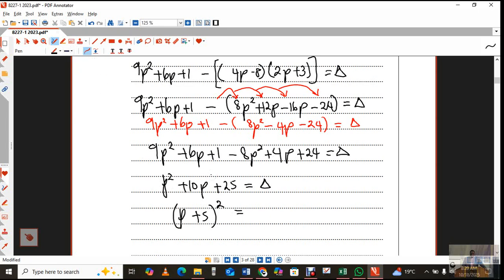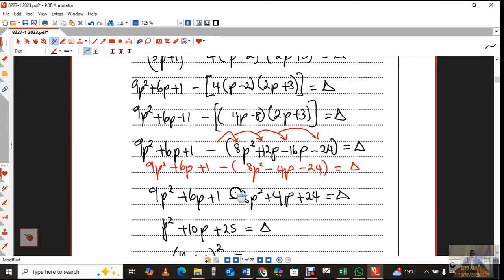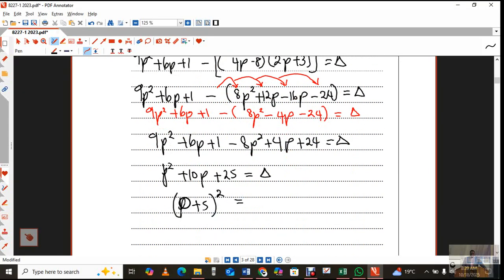They said that the value of p should not equal -5, because if you put p to be -5, this is going to be 0. Since that condition was made clear to us, we then will know that the discriminant here, this value, is going to be greater than 0. And when it's greater than 0, as p should not equal -5 as a condition that we were given.